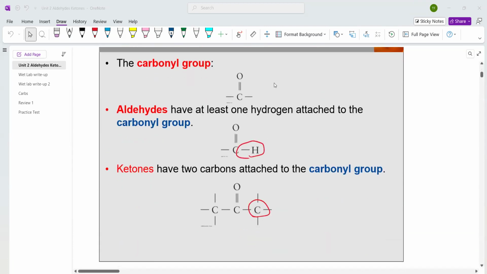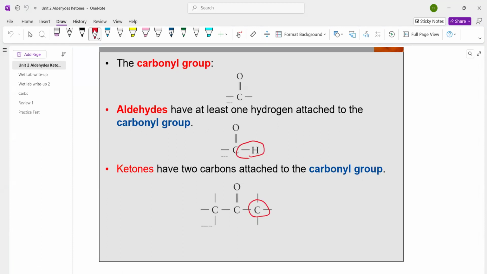Okay, a carbonyl group is a double bonded oxygen to a carbon. We talked about these a little bit when we were talking about the oxidation of primary and secondary alcohols. But this will be a formal unit on aldehydes and ketones, including naming, structures, and of course, reactions.